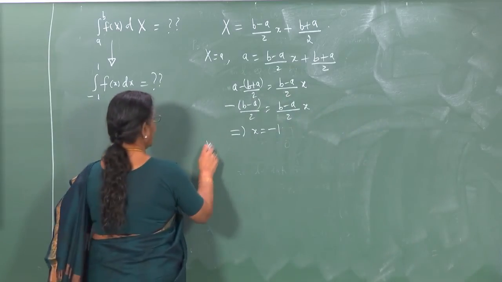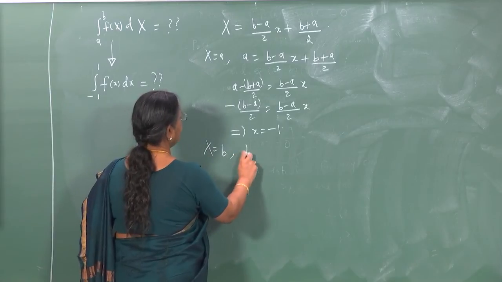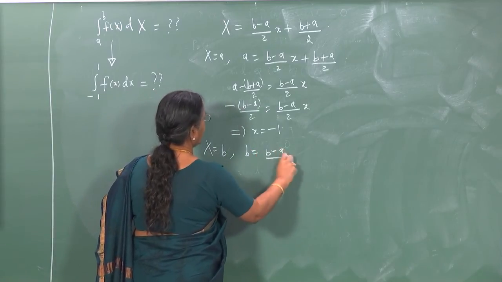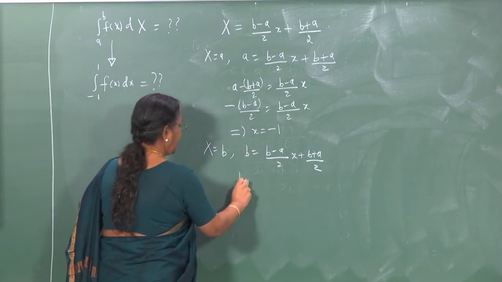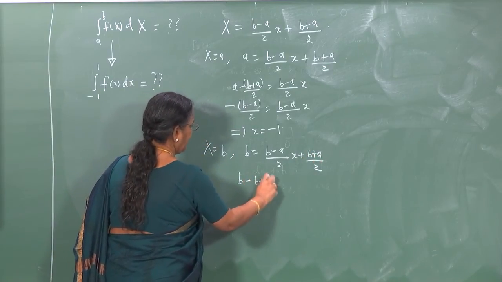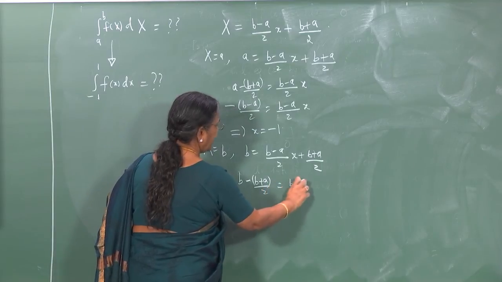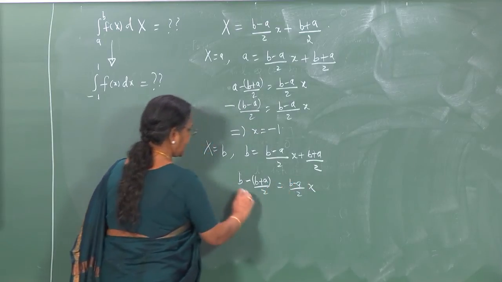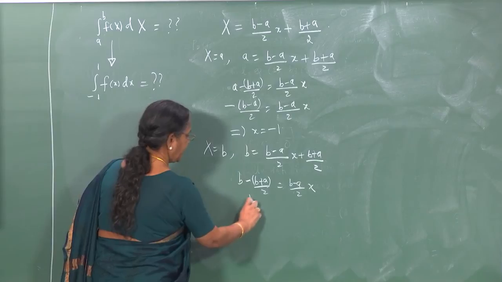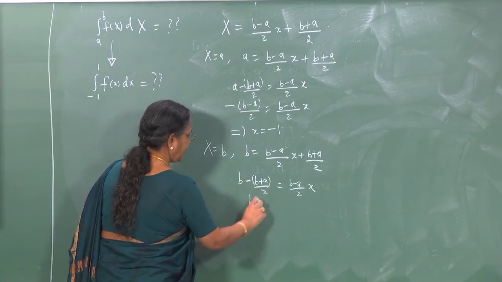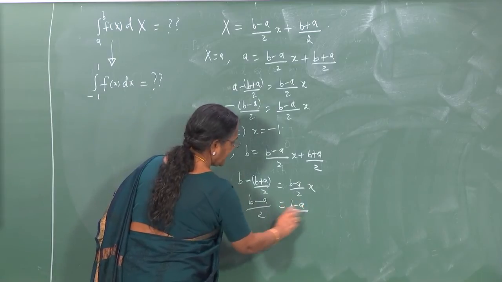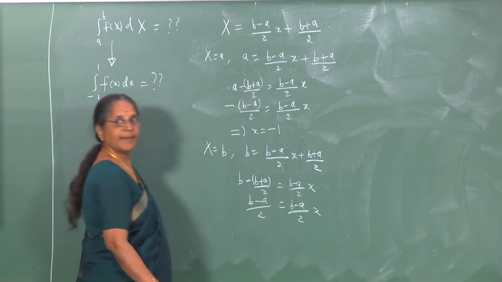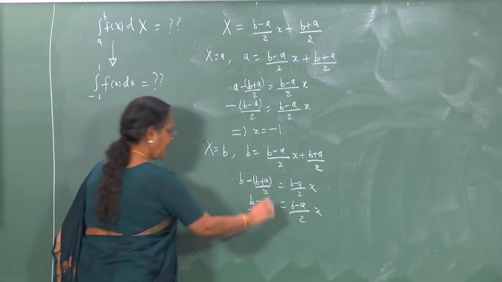What happens when capital X takes the value b? That gives you b minus b plus a by 2 is b minus a by 2 into x. So, b minus b by 2 is b by 2 minus a by 2, that is the left hand side, and the right hand side is b minus a by 2 into x.